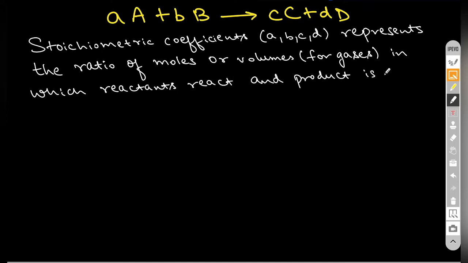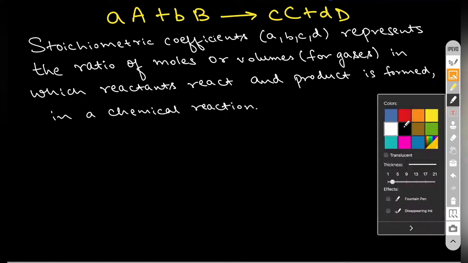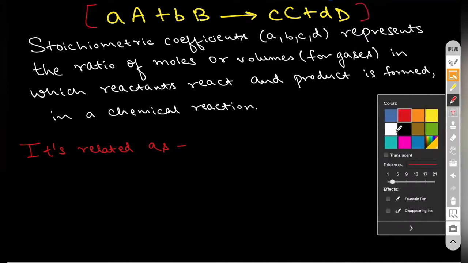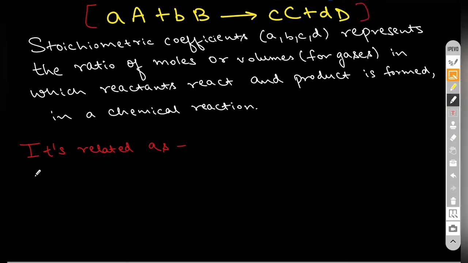So basically the stoichiometric coefficient represents the ratio of moles in which reactants react and in which the product is formed in a chemical reaction. We'll write the relationship.